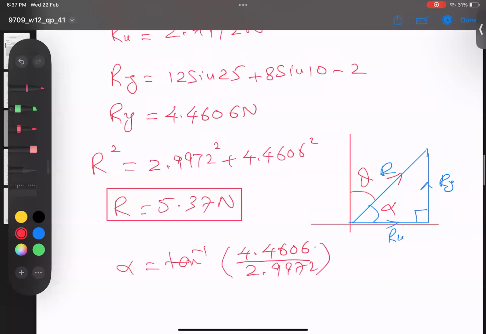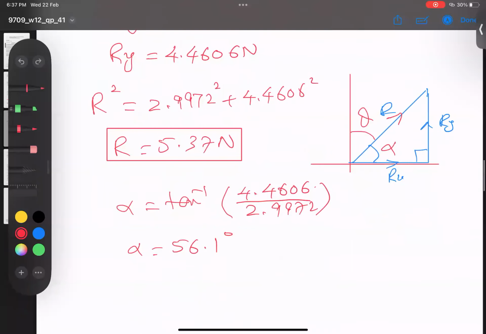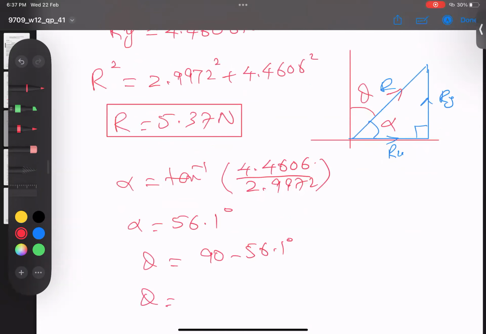The answer I'm getting is 56.1 degrees. But you know very well, this is the angle I got, and he asked for this other angle. So we need theta, so simply 90 minus 56.1 degrees, and I got the answer 33.9 degrees. Alhamdulillahi Rabbil Alameen.